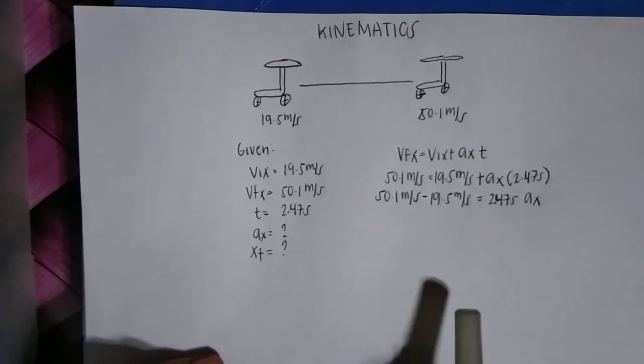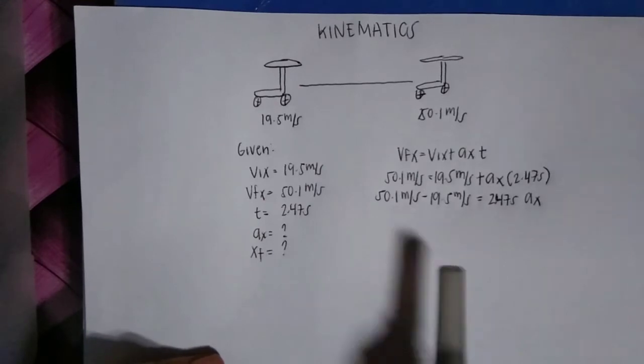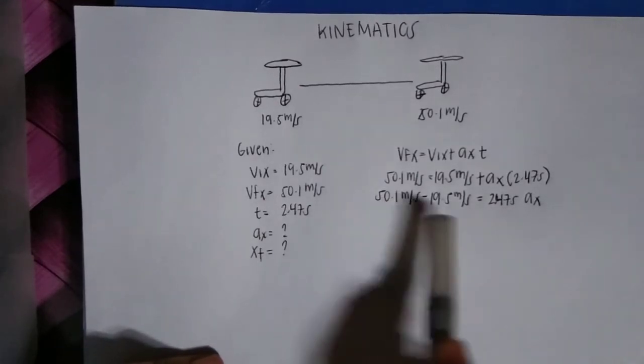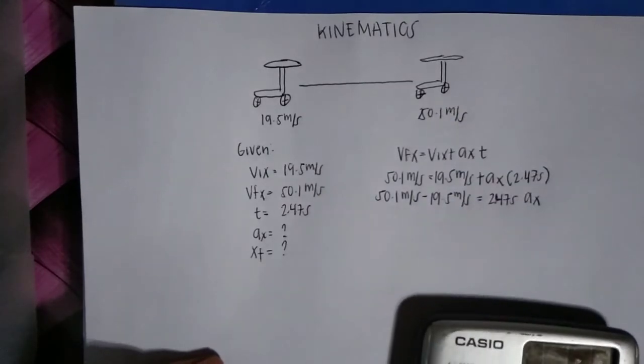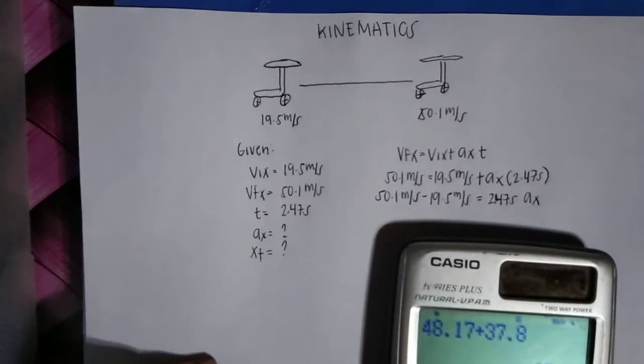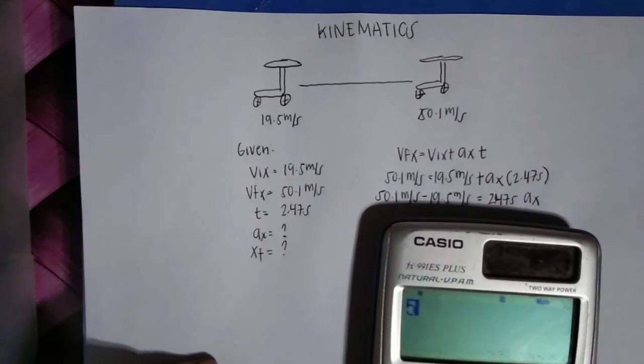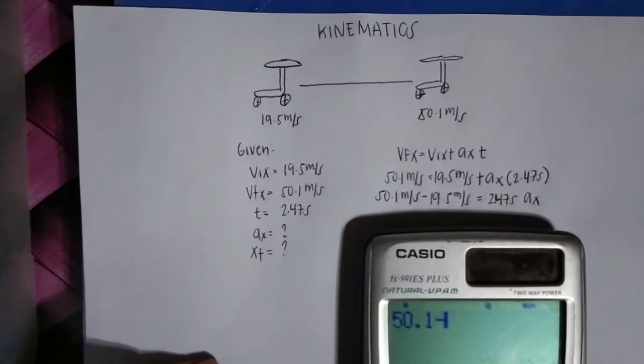So, pagkatapos natin ilipat, then, isolve na natin yung mga pwedeng isolve. So, isolve natin yung 50.1 minus 19.5 meters per second. So, 50.1 minus 19.5 is equal to 30.6.